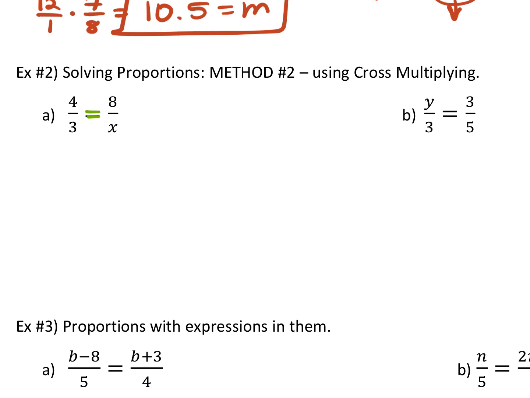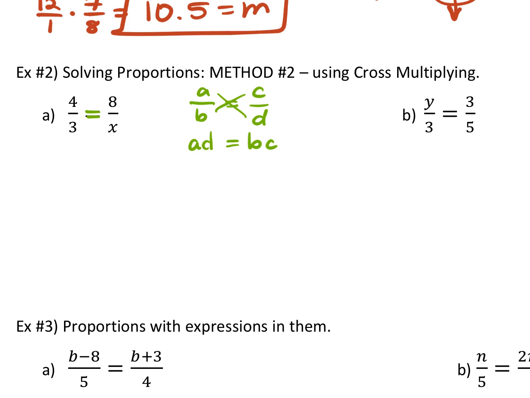The rule that goes with that is if it's A over B equals C over D, then I can go A times D and set that equal to B times C. Okay, so I can cross multiply and set them equal. But did you hear what I said? Set them equal. A lot of times when people cross multiply, they try to turn it into another ratio. It's not another ratio, it's an equation. This equals that.